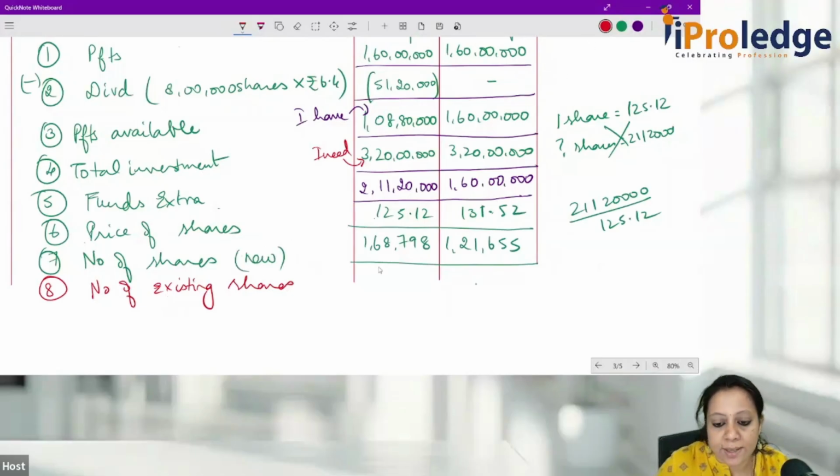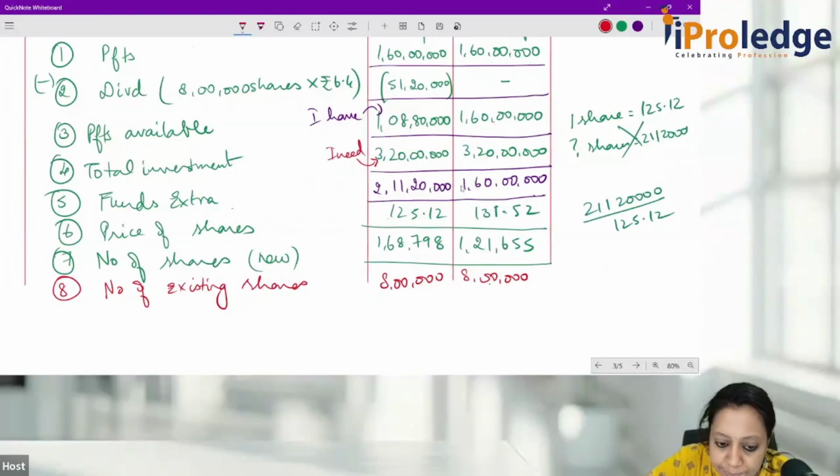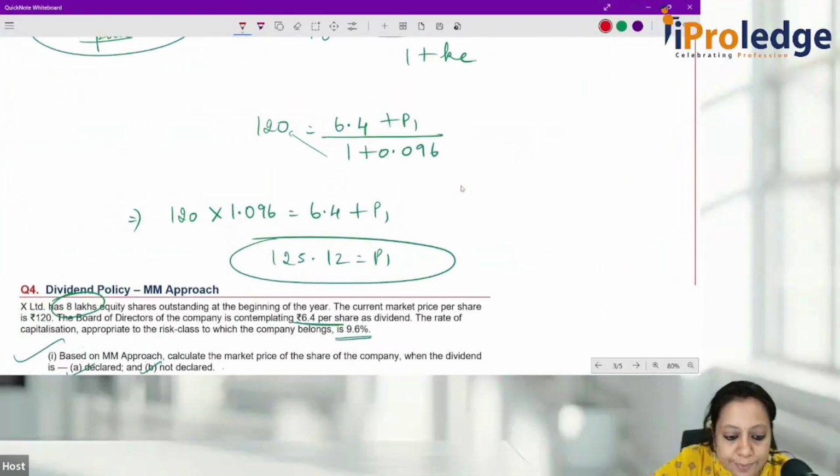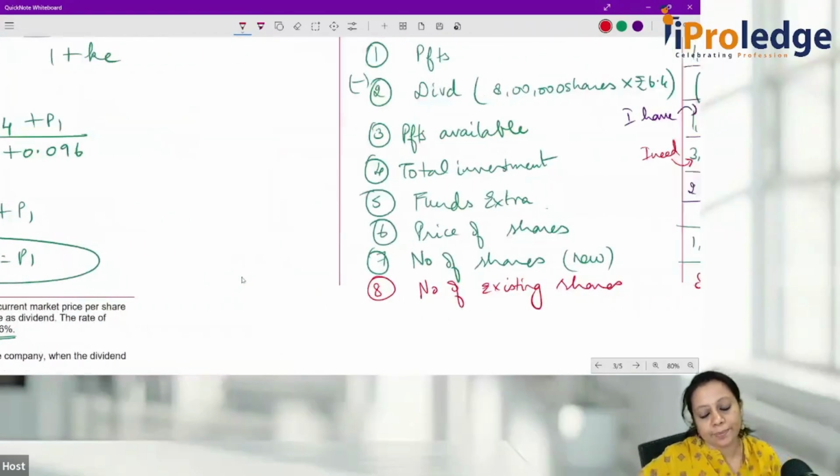Number of existing shares already given in the question, 8 lakh shares. Given in the first line of the question. I'll show. 8 lakhs equity shares. Correct? Okay.